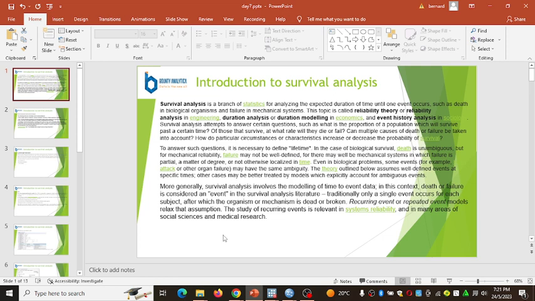So failure is also considered as an event. When you are driving your car, for example, from Nairobi to Kakamega, you expect that journey to take around 7 or 8 hours.